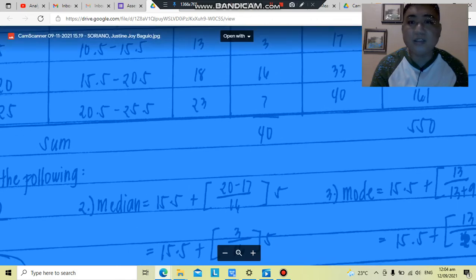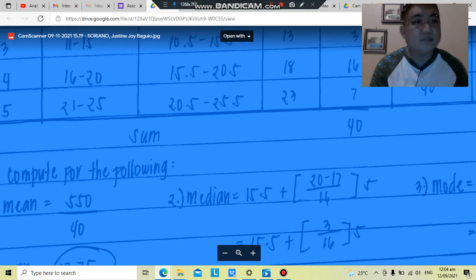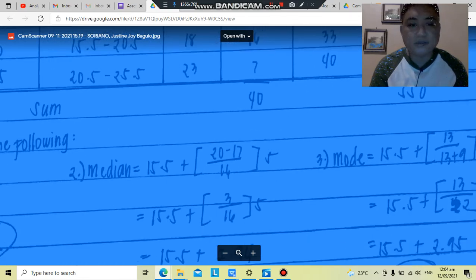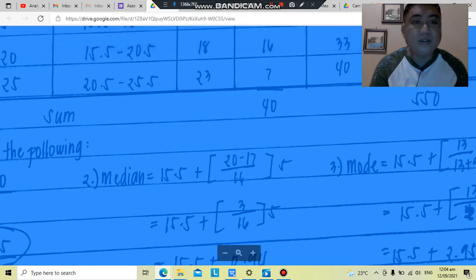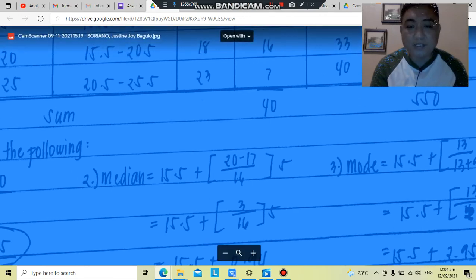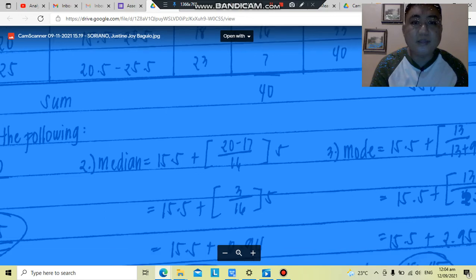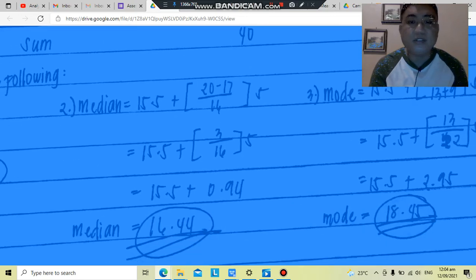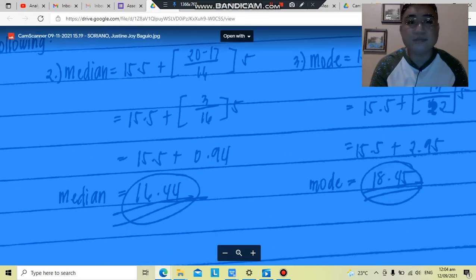We can find the median from this group. And the lower class boundary is 15.5. So 20 minus 17, 13 over 16. So, check. I hope we get the correct answer, 16.44.